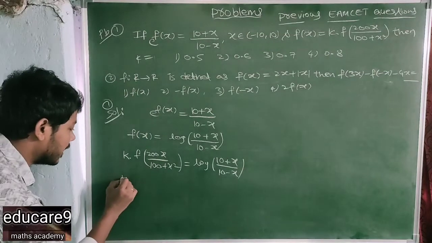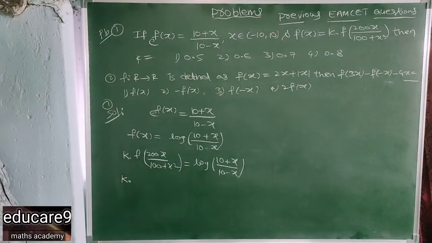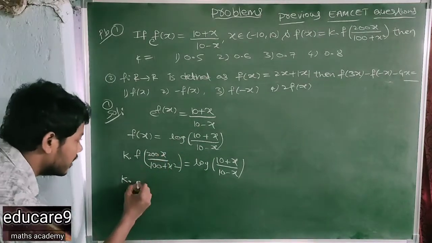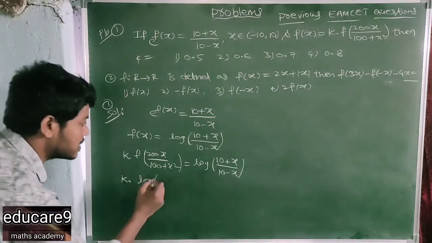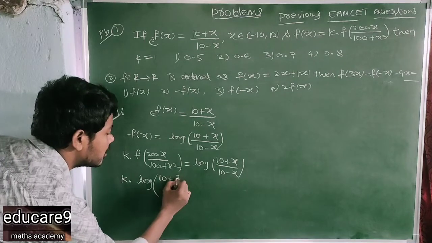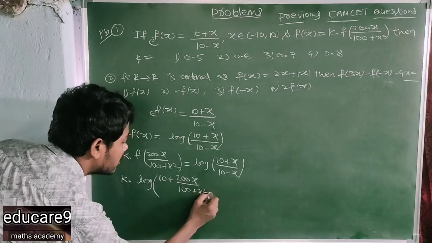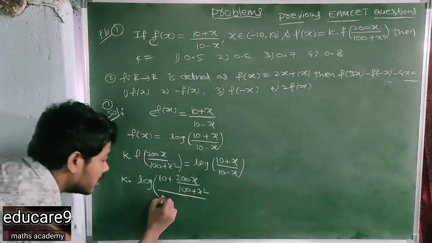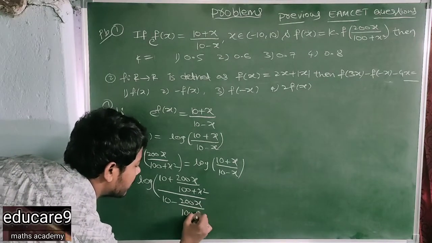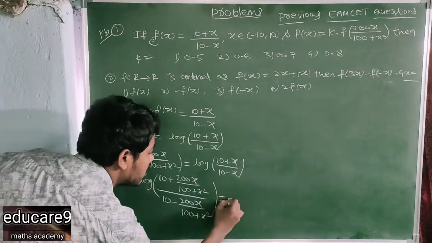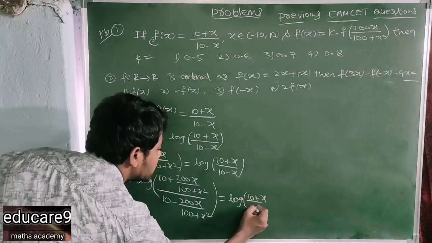See here, k times, replace x by 200x/(100 + x²). You get log of (10 + 200x/(100 + x²)) divided by (10 - 200x/(100 + x²)), which is equal to log((10 + x)/(10 - x)).